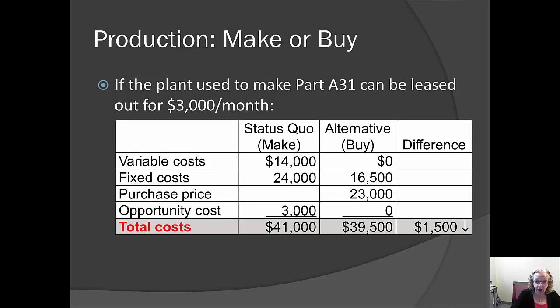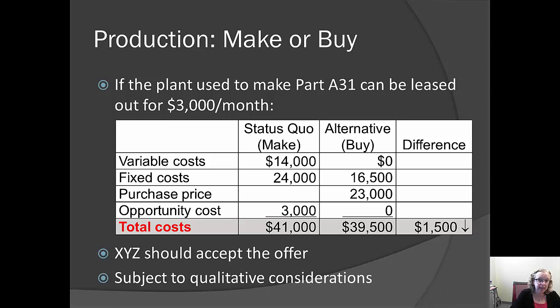So based on dollars alone, we would accept the offer from the supplier to buy these components for $11.50 each, but subject to qualitative considerations. For example, this analysis assumes that we'll be able to get a tenant for $3,000 a month for the unused space.